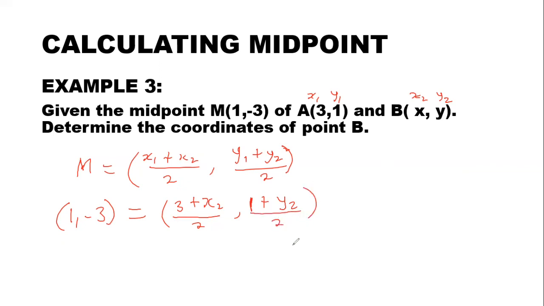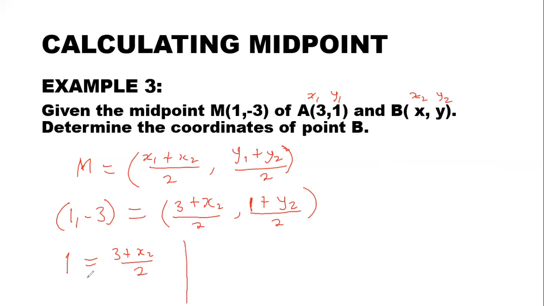So here, you compare the coordinates. The x coordinate here is supposed to be the same as the x coordinate here. So it means that 1 is supposed to be the same as (3 plus x2) all over 2.